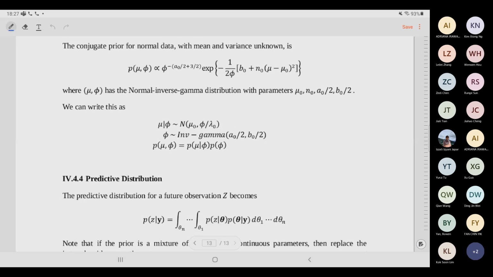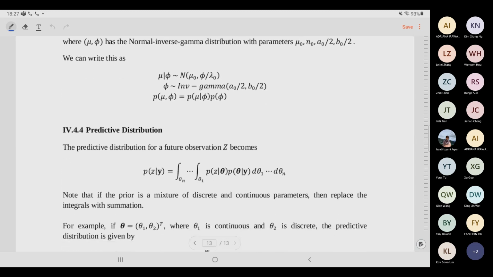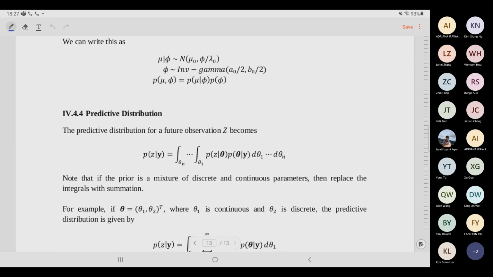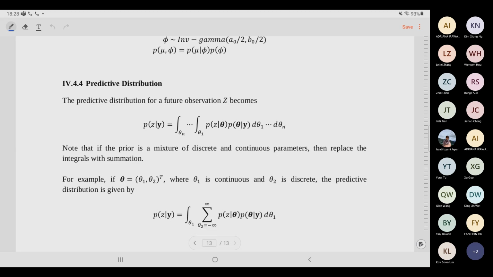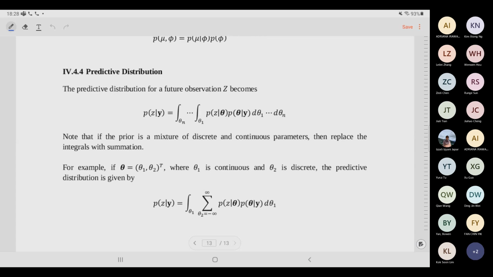For the predictive distribution, the multivariate case is similar to the univariate. If you have, for example, n parameters, you have to integrate out all n parameters.